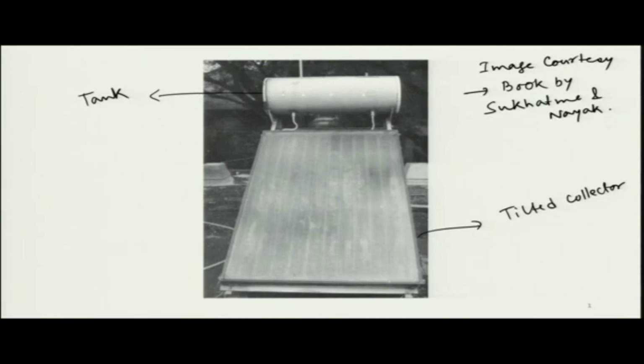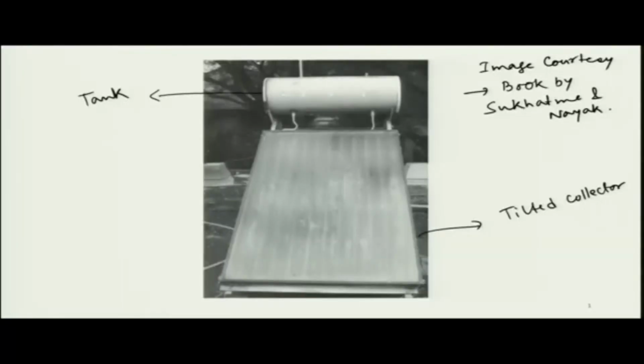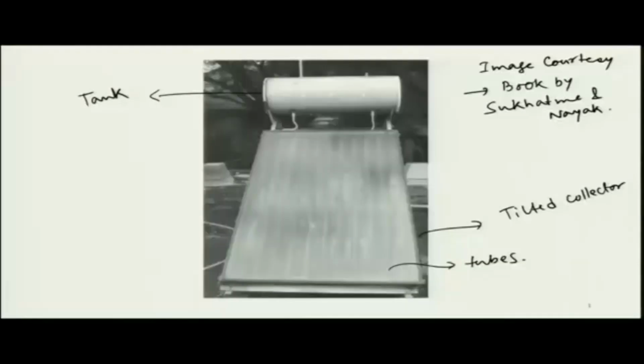If you are in the northern hemisphere, it should be facing towards south, and if you are in the southern hemisphere, it should be facing towards north. So here you can see that these ridges are nothing but the tubes, and the whole thing is black painted and it is under operation. That is why glare is being seen here, and that is how a flat plate collector works.